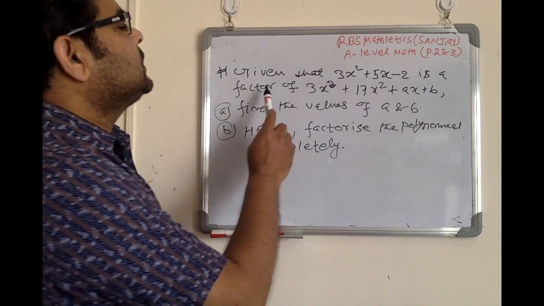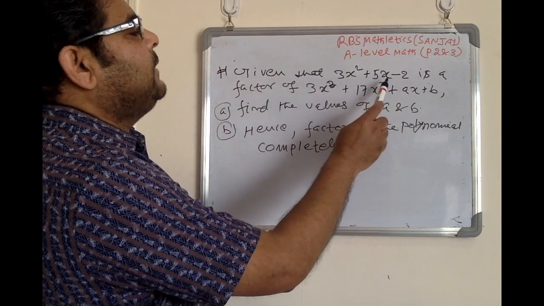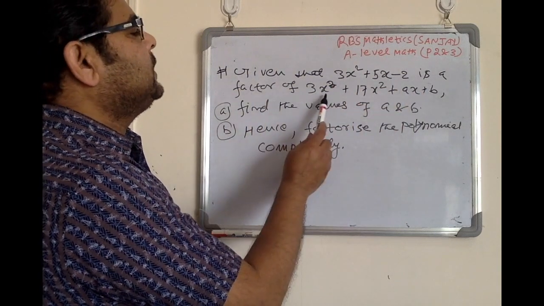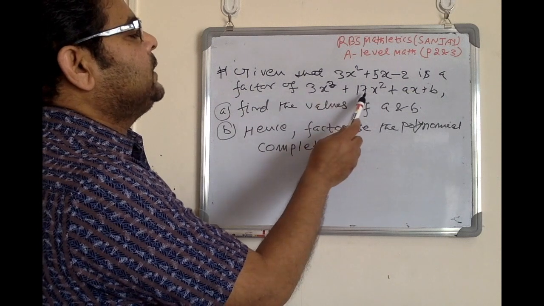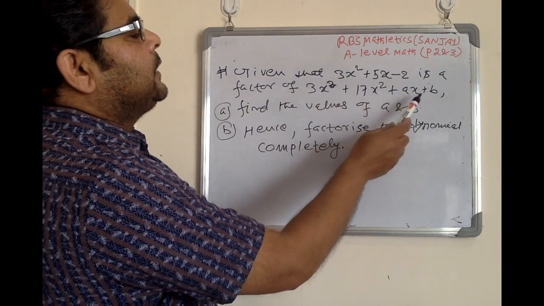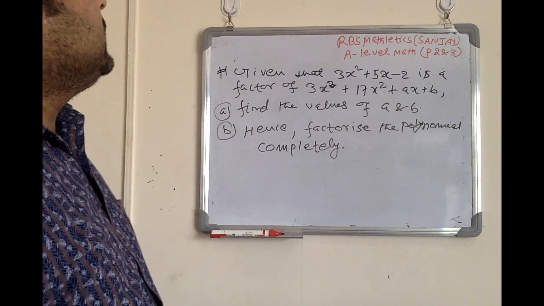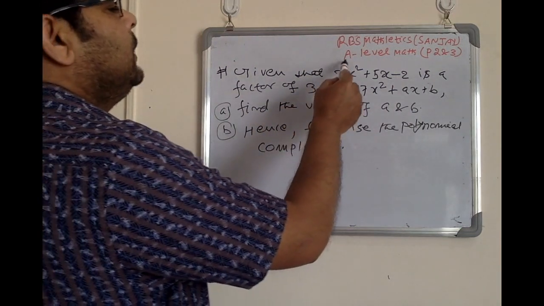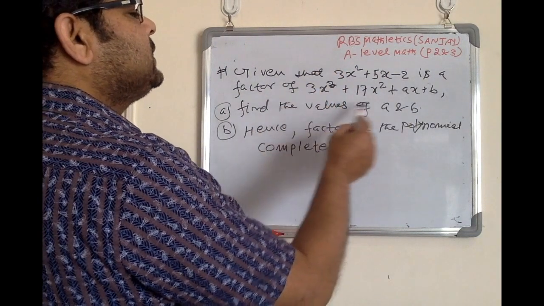Your question is, given that 3x squared plus 5x minus 2 is a factor of 3x cubed plus 17x squared plus ax plus b. What does it mean? This function is going to divide this completely.